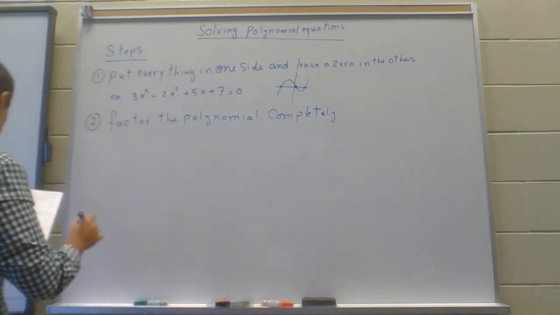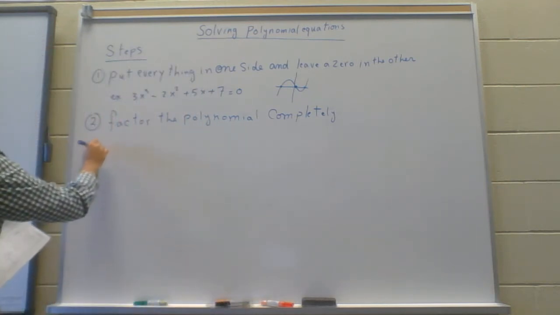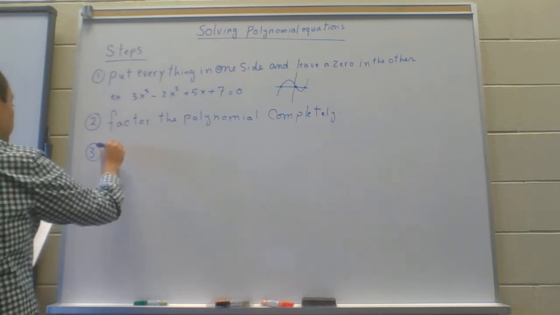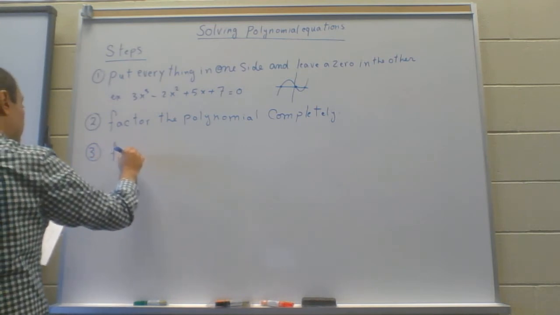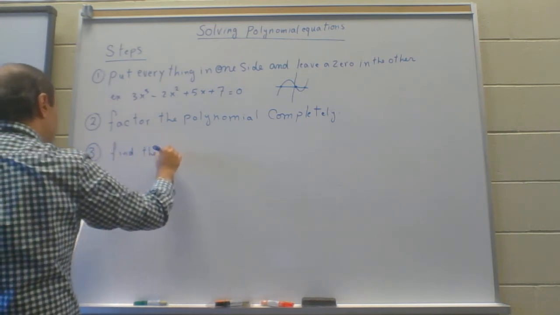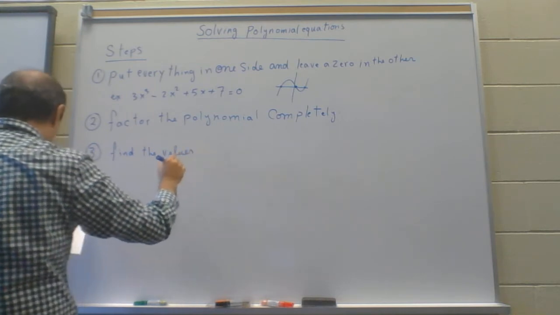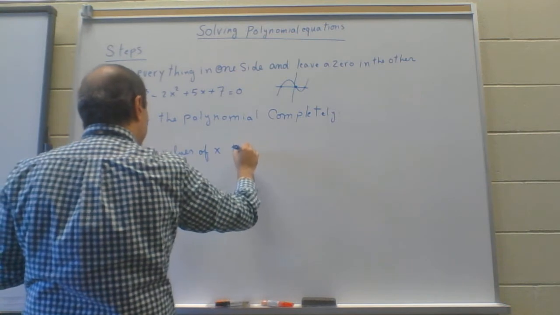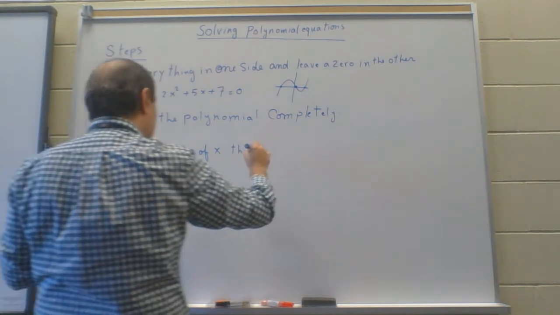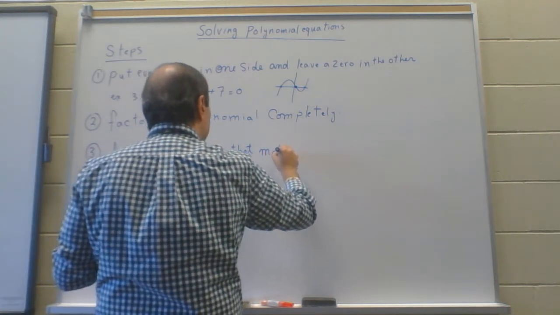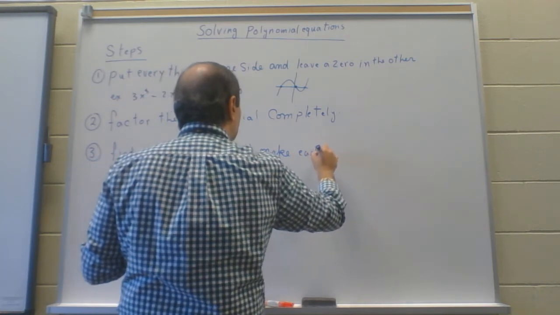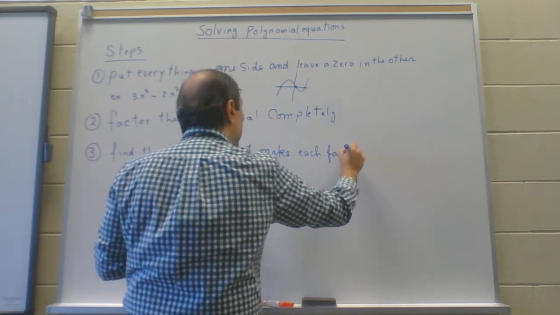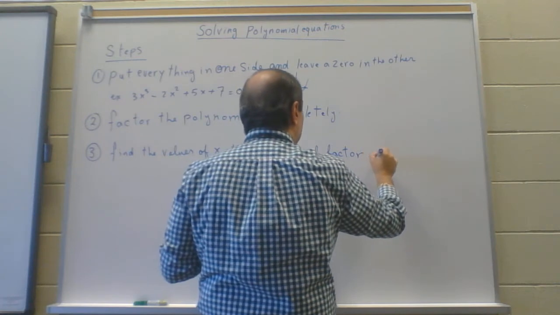Okay, the third thing, find the values of x that make each factor equal 0.